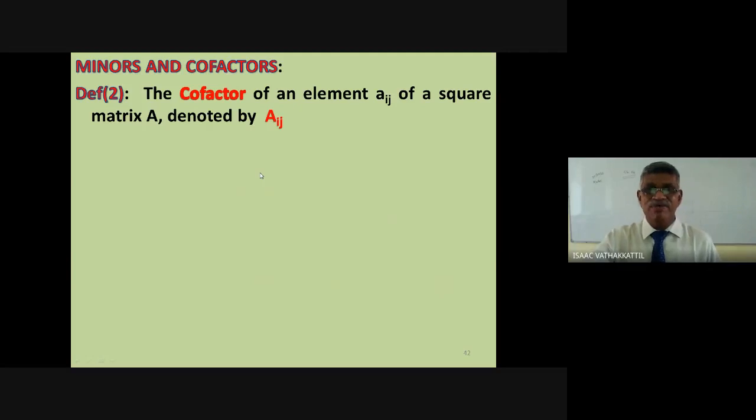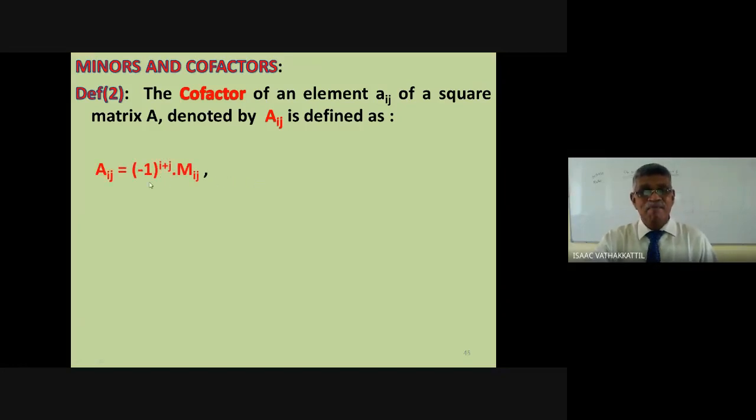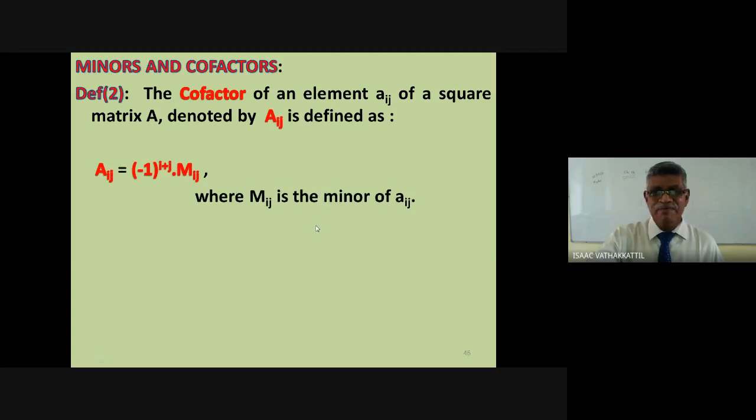We are using capital Aij for the cofactor of the element small aij. It is defined as Aij equal to minus 1 raised to i plus j into Mij. What is Mij? Mij is the minor of aij.